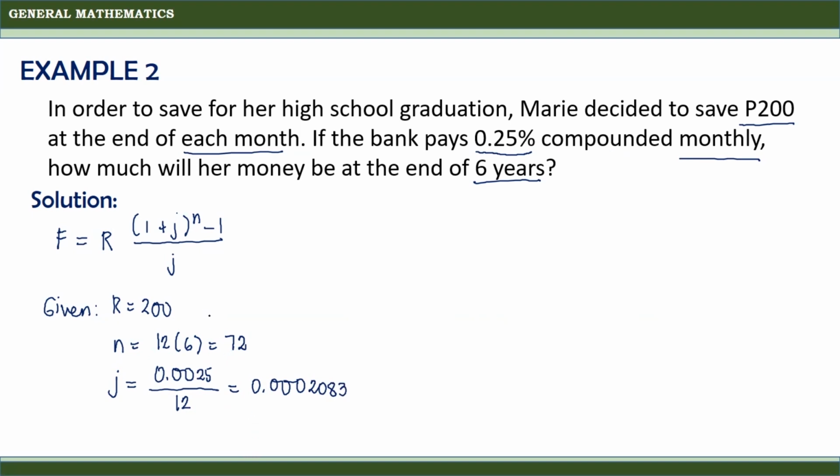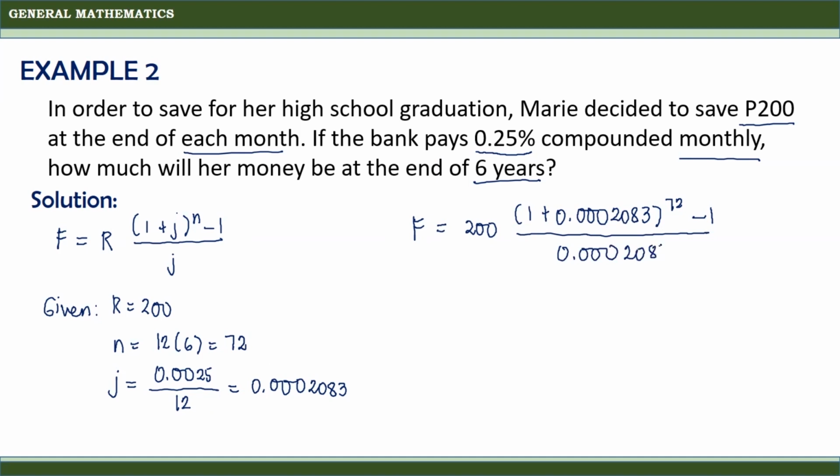Since we now have the values of R, N, and J, we can now substitute them to our formula. So we're gonna have F is equal to 200 times (1 plus 0.0002083) raised to 72 minus 1 all over 0.0002083.